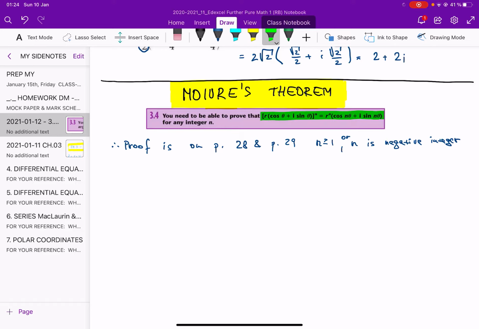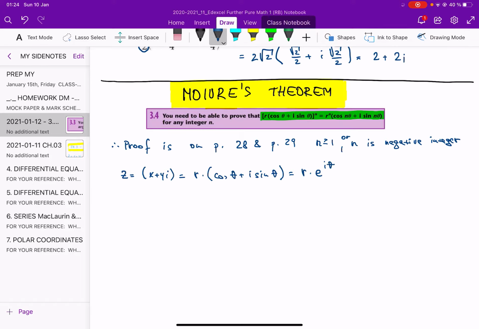Okay, so what is happening is that when you have z as a complex number, you can obviously write it in three forms. You can have it as x plus yi, or written as r times cosine theta plus i sine theta, or in the exponential form, and that is r times e to the power of i theta.